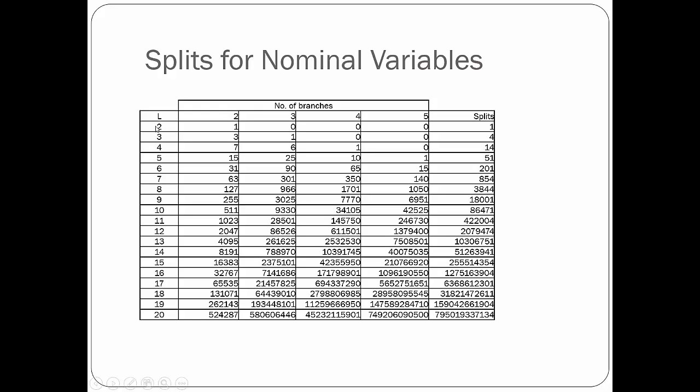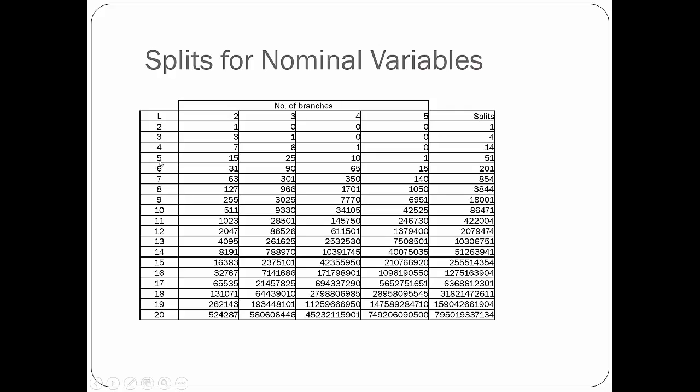As L increases, if you have 2 possible values, 3 possible values, 4 possible values for the nominal variable, and so on, you have to figure out how many possible splits there are for 2, 3, 4, 5, and as we go higher and higher, more branches are possible. But suppose we restrict ourselves to only up to 5 branches.